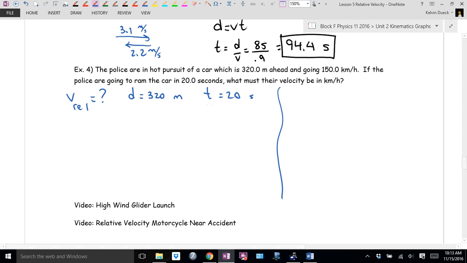Is that okay so far? Is there an equation that has a v, a d, and a t in it? There is. In fact, I think there's even one on your green sheet that has the v by itself. I think I gave you this one. V equals d over t. Only what we're finding is relative speed.